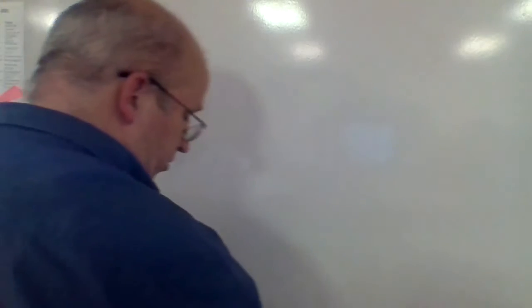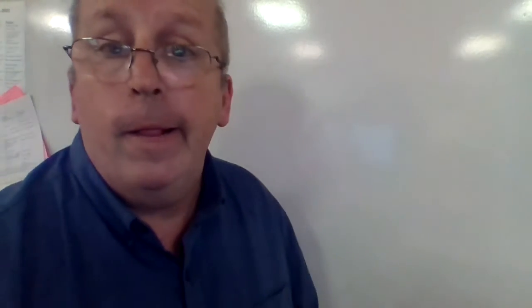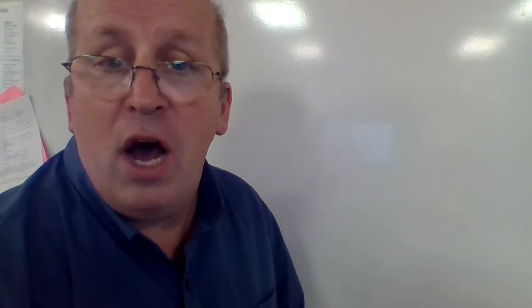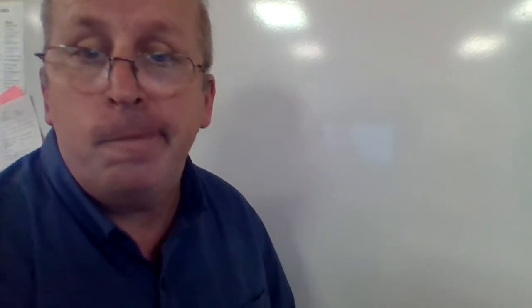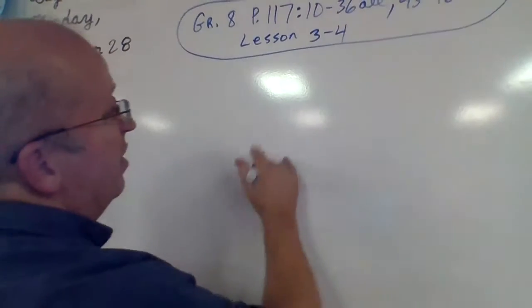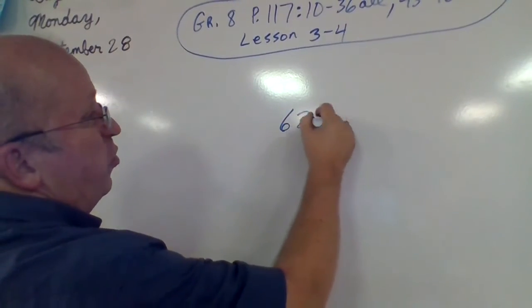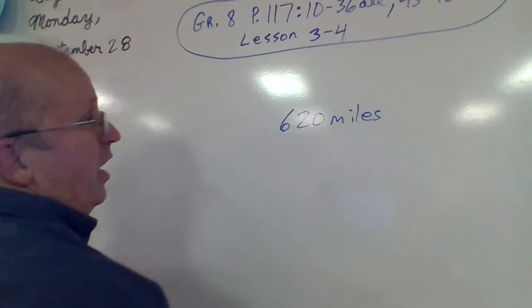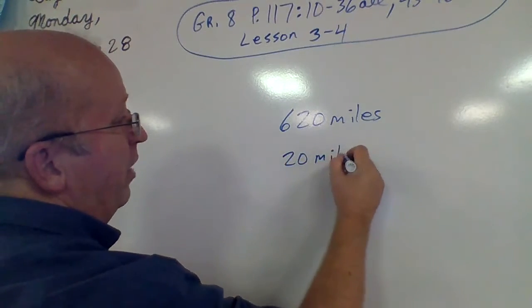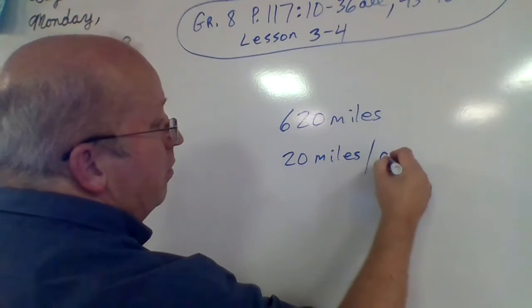Let's imagine Mr. Rael decides to go out for a drive in his pickup truck. And his pickup truck ends up going 620 miles. And Rael knows that his pickup truck gets 20 miles per gallon.